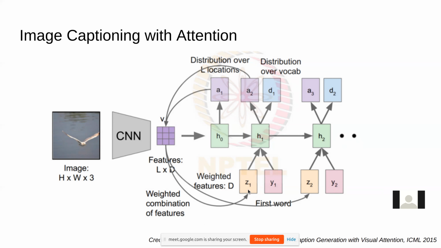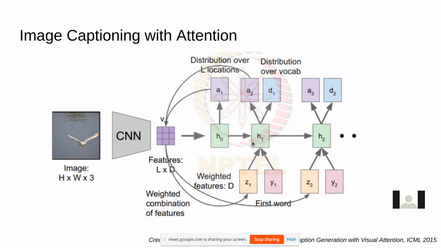So this Z1 is nothing but the weighted features, and the weights are being generated by the network itself. So these A are representing the attentions, the Z is basically A cross V. Okay, so this attended features will then be given as an input.